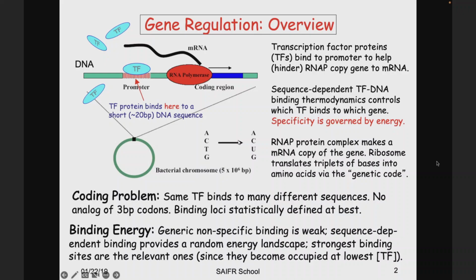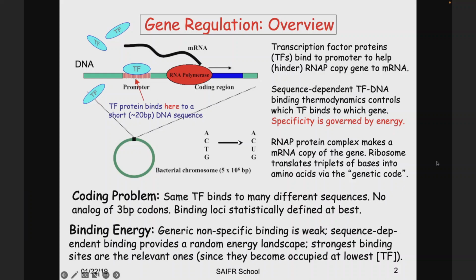So this leads to the problem of how do you deal with the fact that there are a very large number of non-specific sites to which it could bind, and there's just one site to which you want it to bind, to which it has a strong binding. So there's a problem of specificity.